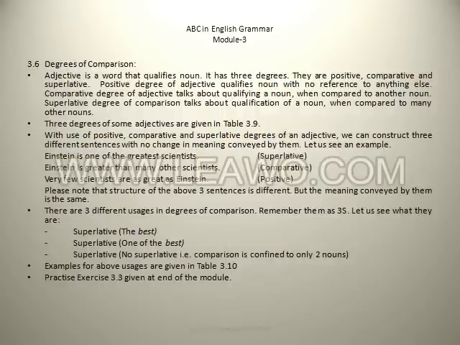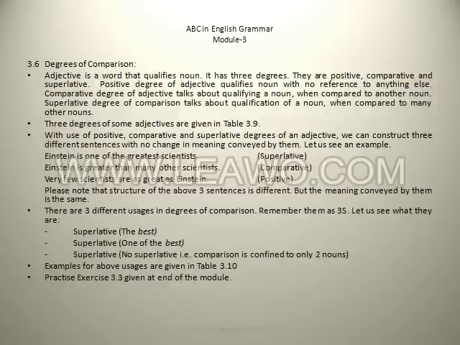Positive degree of adjective qualifies noun with no reference to anything else. Comparative degree of adjective talks about qualifying a noun when compared to another noun. Superlative degree of comparison talks about qualification of a noun when compared to many other nouns.